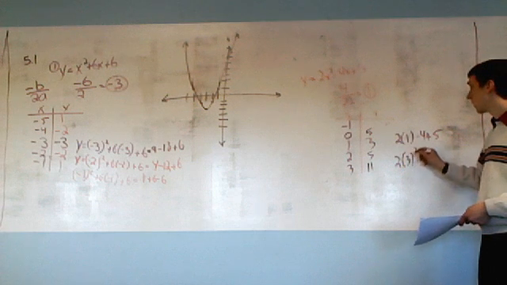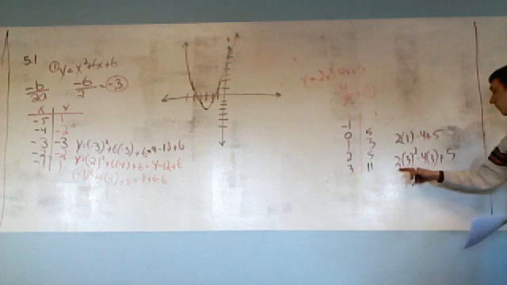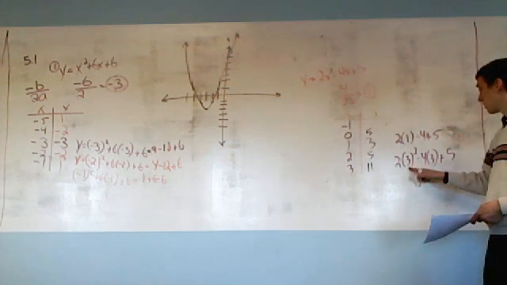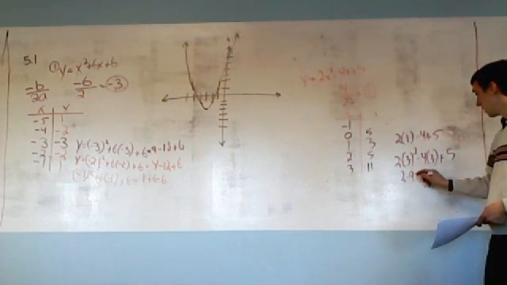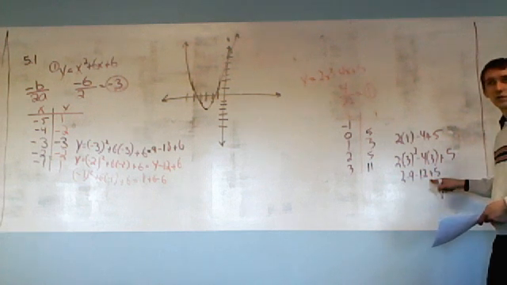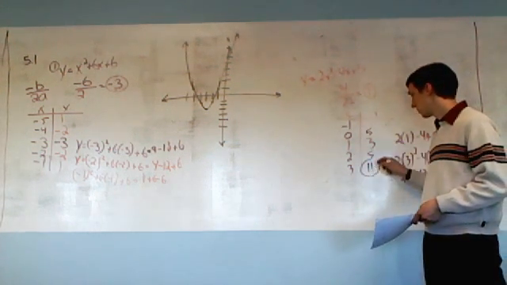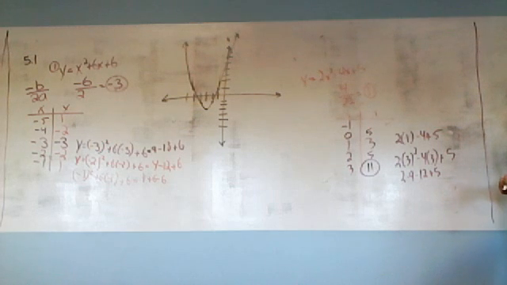2 times 3 squared minus 4 times 3 plus 5. It's going to be 2 times 9 minus 12 plus 5. 18 minus 12 is 6, plus 5 is 11. So we're good.